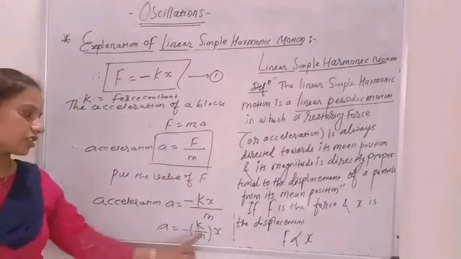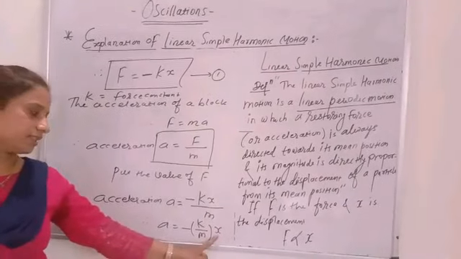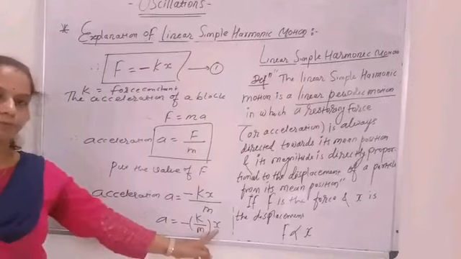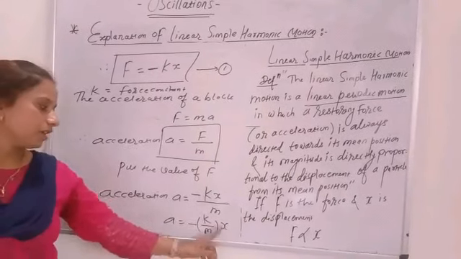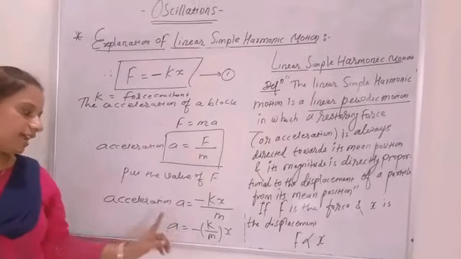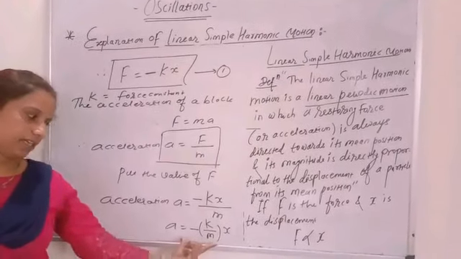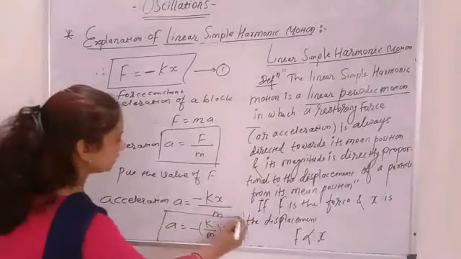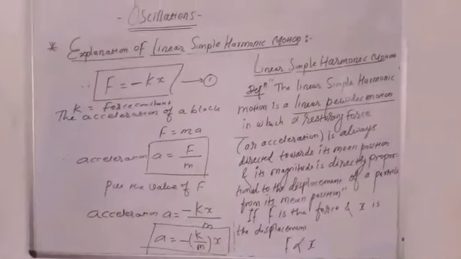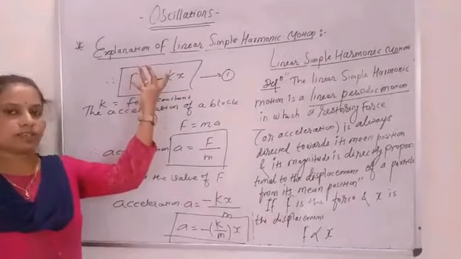So the acceleration is directly proportional to x. Acceleration is directly proportional to displacement. The negative sign shows that acceleration and displacement are oppositely directed. This is the acceleration of the block, and this is the restoring force.